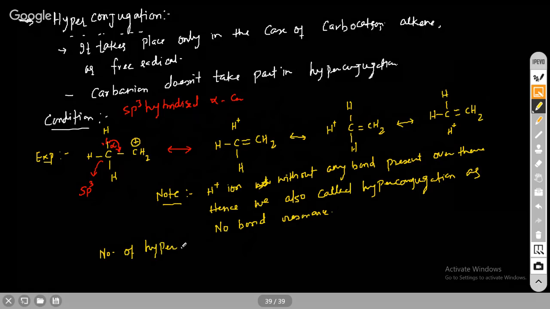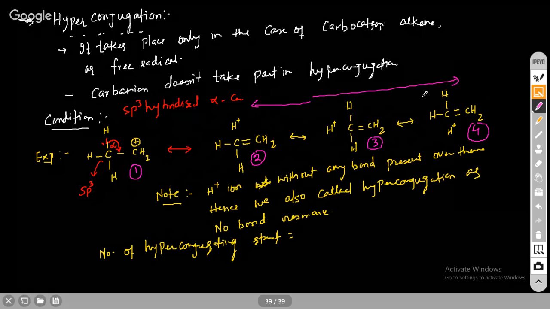Okay, now if you have to find out the number of hyperconjugating structures for a given molecule, for this one you see the total hyperconjugating structures will be 1, 2, 3 and 4.